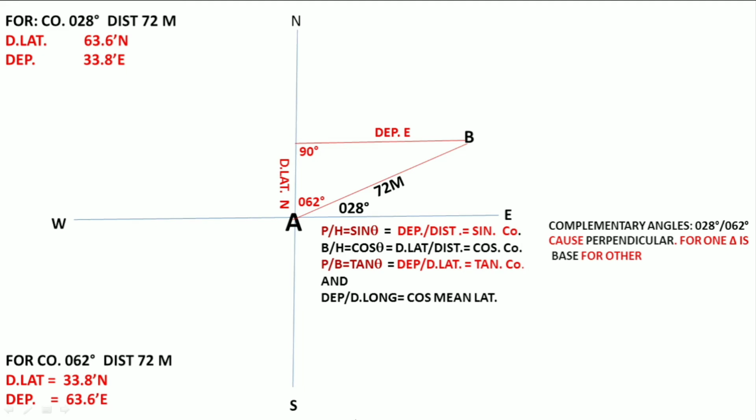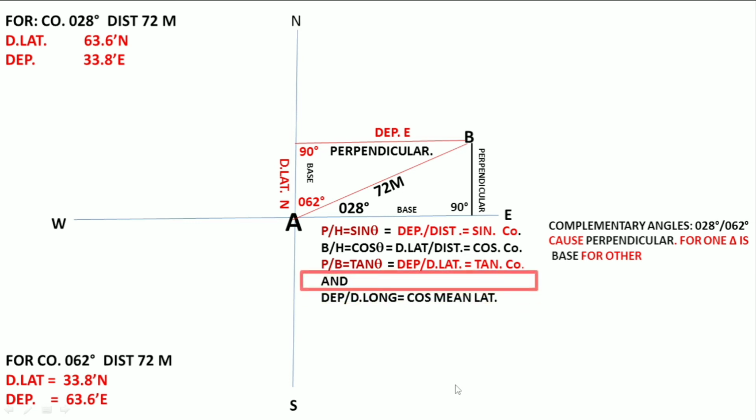Now, that is basically because you look at this angle of 28 degrees, this has become the perpendicular and this is the base. So, in one case, what was the base has become the perpendicular. So, you will definitely get your answers opposite.